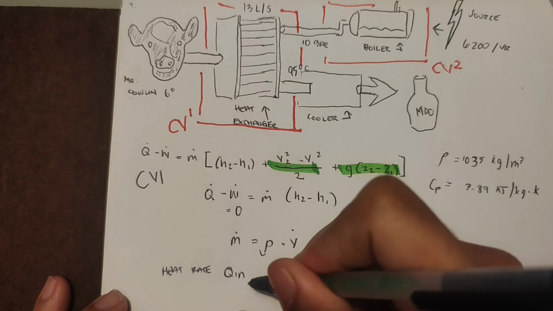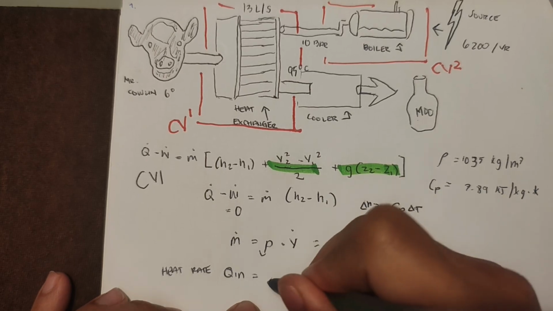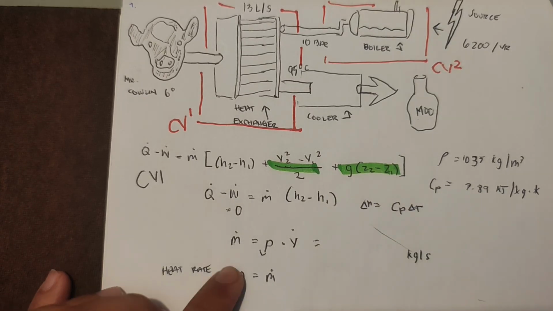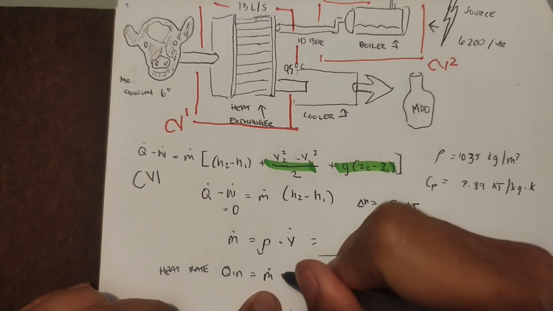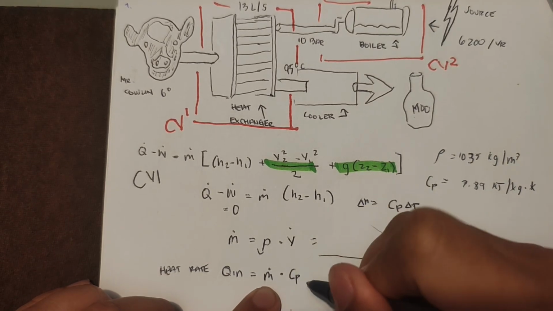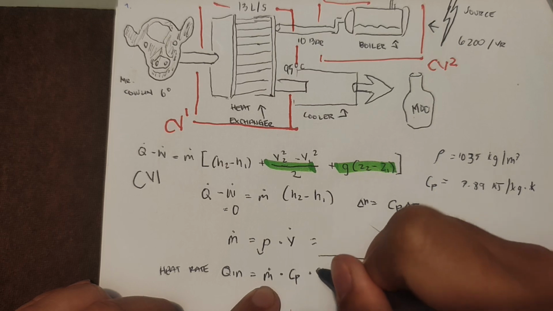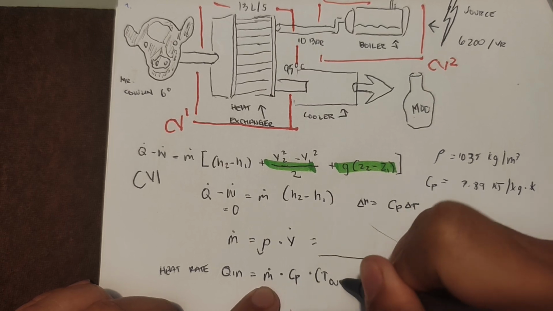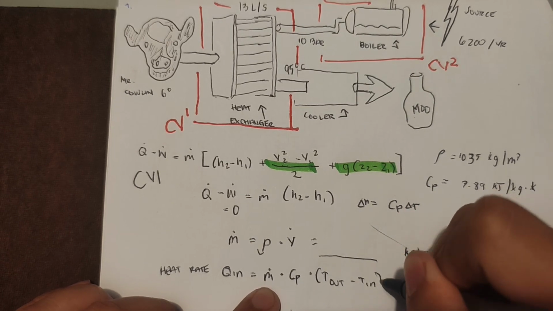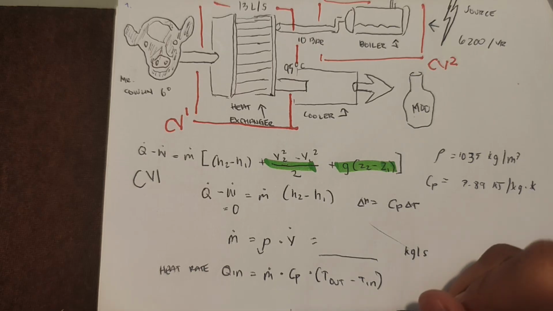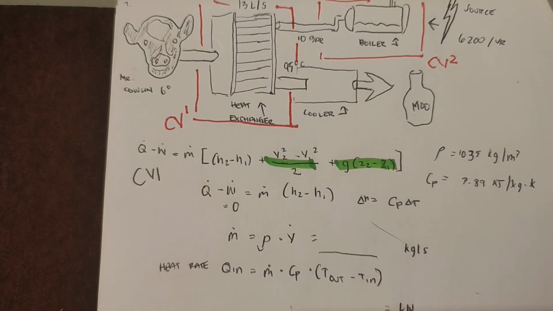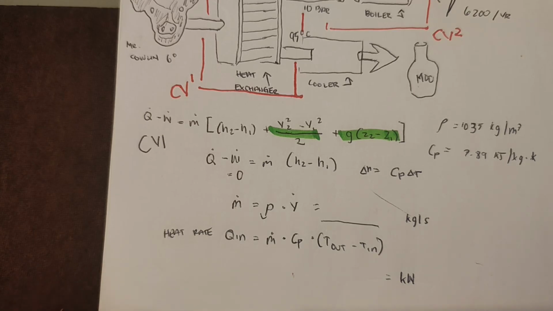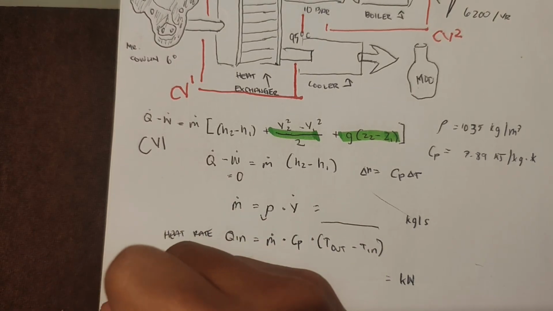So our new formula will be Q in is equal to mass flow rate, which is the one that you will be solving here, multiplied with the specific heat and the given T out minus T in, and you're supposed to be getting an answer in the form of kilowatt per hour.